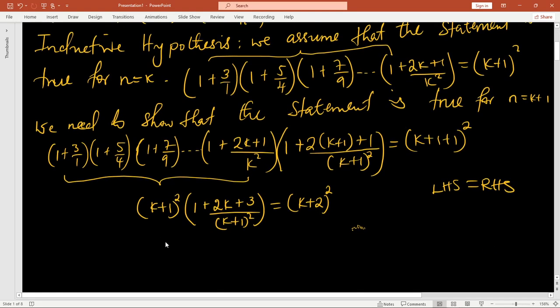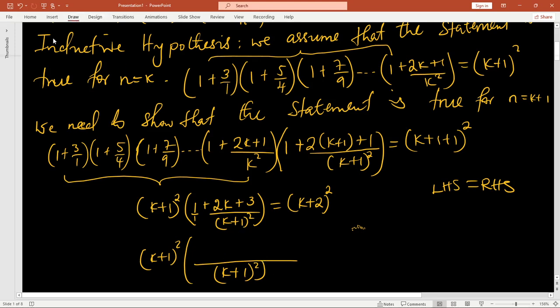So let's simplify this a bit. Here, we're going to make what's inside these brackets a single fraction. So we have k plus 1 squared, open brackets. Then the common denominator is k plus 1 squared. This is the same as over 1. 1 into this, we get 1 multiplied by k plus 1 squared.